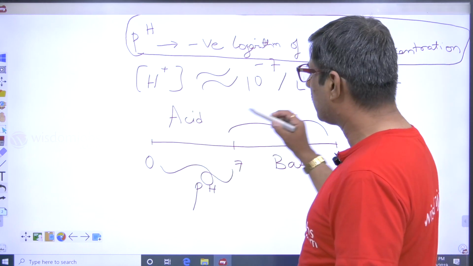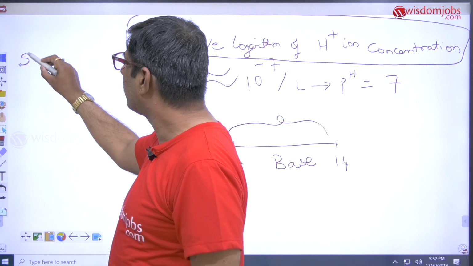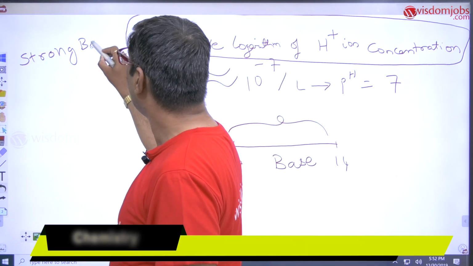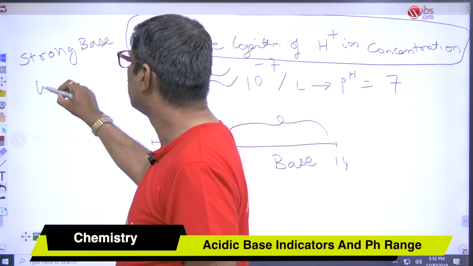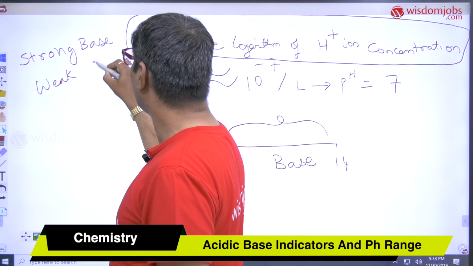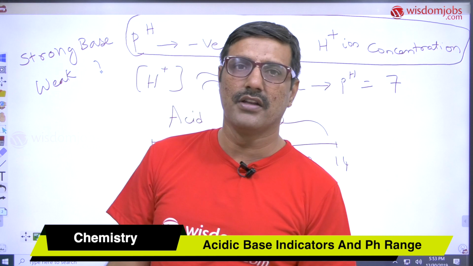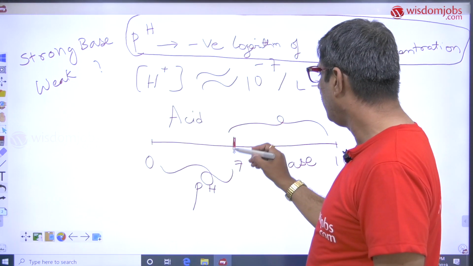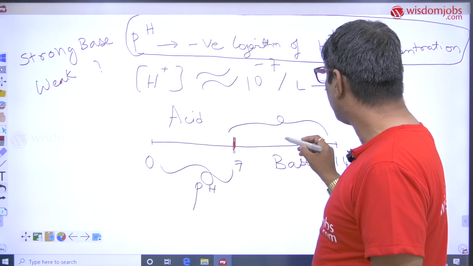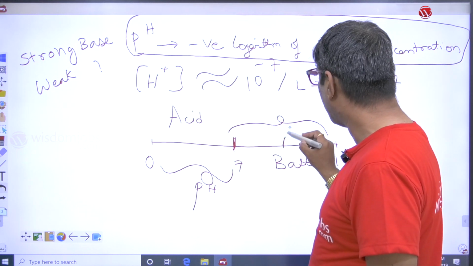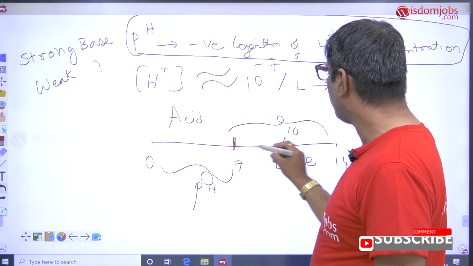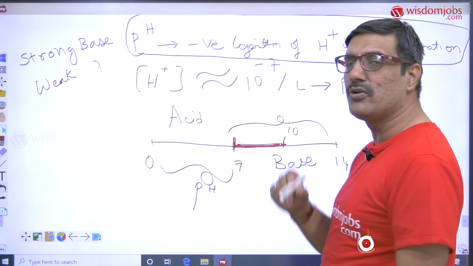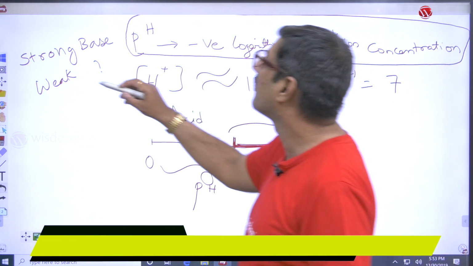So, how to conclude whether a given base is a strong base or a weak base? If the pH value of a particular base is between 10 and 7, it is a weaker base.